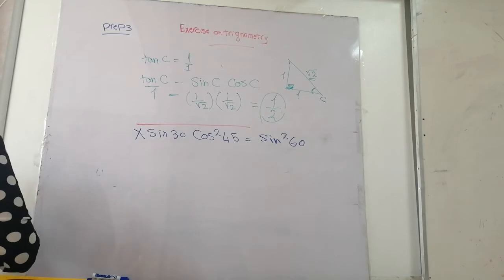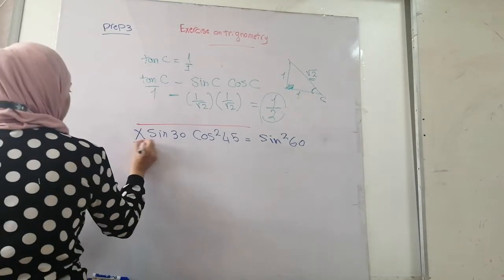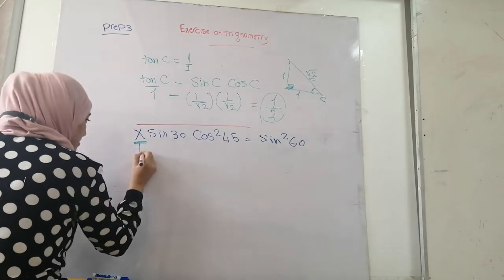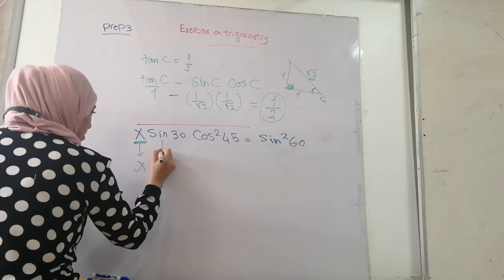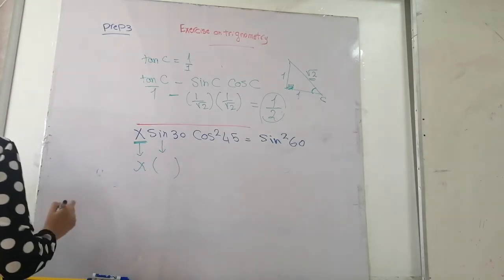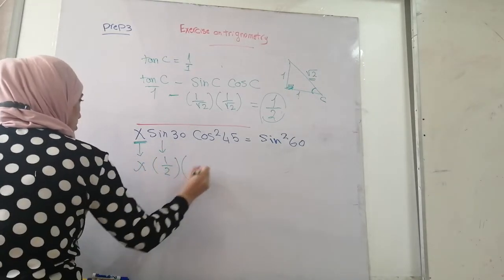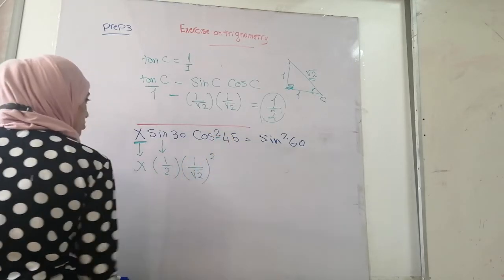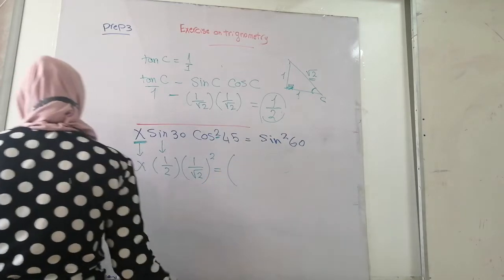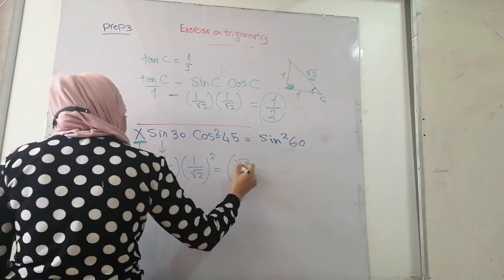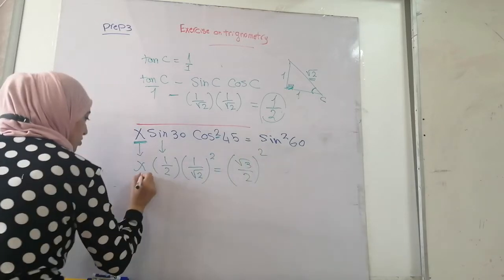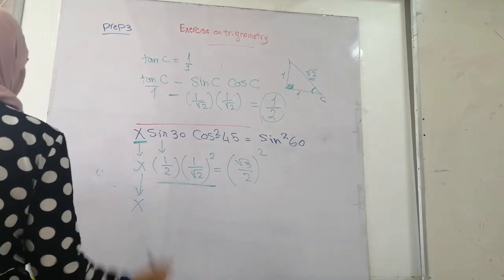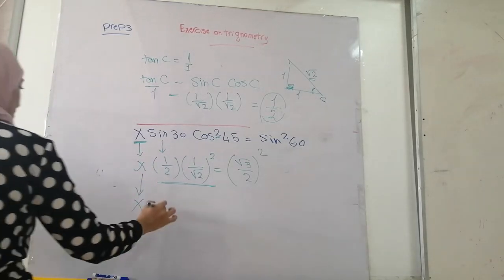So in this example I find x as an ordinary equation. I leave the x as it is and get the value of sine 30. Sine 30 equals half. Cosine 45 equals 1 over root 2. I make it power 2 because it's cosine squared. Equals sine 60, which is root 3 over 2 power 2. Then drop x and find the value of this half and 1 over root 2 power 2. It will equal a quarter.